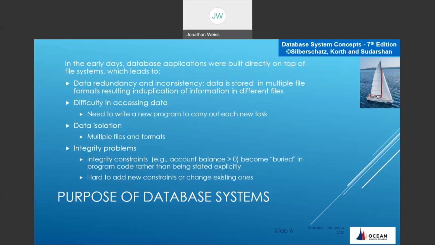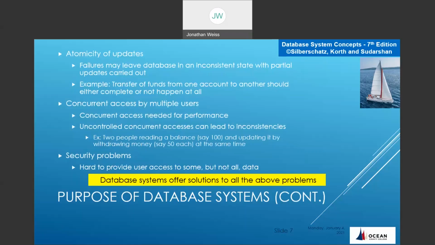So things like that have to happen together. So database systems make sure that things that have to happen or depend on one another are executed atomically. So you'll see that term in database systems also. You'll see it on this slide, atomicity of updates. Things happen as a unit.